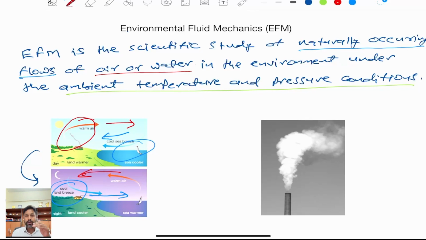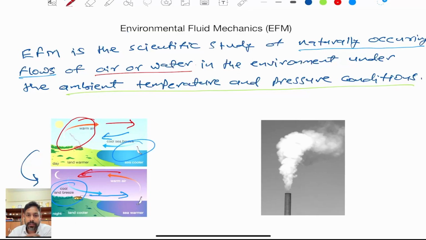And why is hot or warm air always above the cold air? Because there is density difference. There is hydrostatic pressure. At the bottom, when the density is more, the pressure is more, and because of that, the warmer fluid, which has lighter density, tries to rise up because of the buoyancy, right?